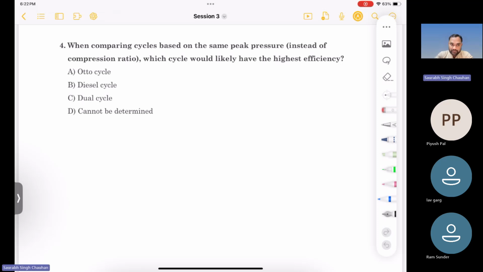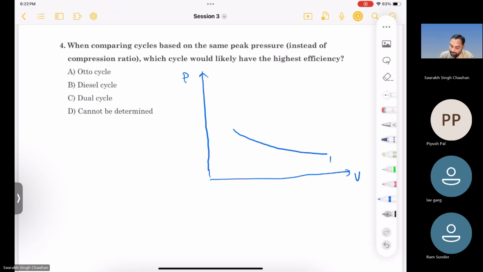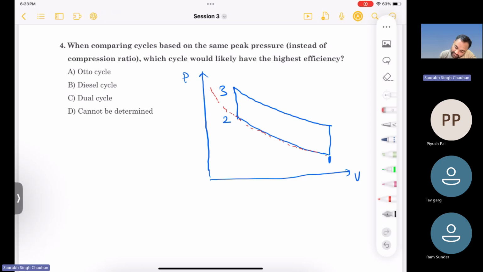Again, if you use the same rule of thumb, that is, based on the mean temperature of heat addition and the mean temperature of heat rejection, then you can answer this question easily. We have to keep the peak pressure the same, right?